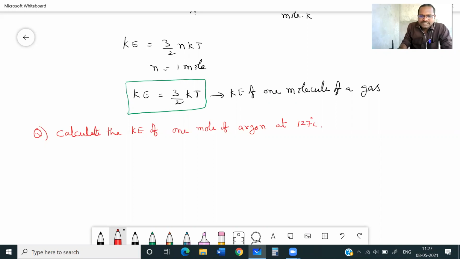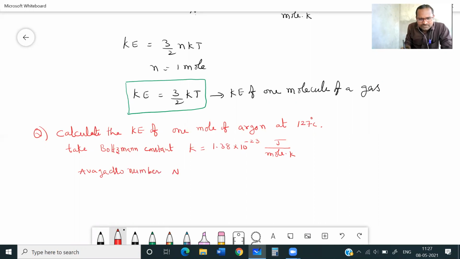Clear? Now take the Boltzmann constant, K is equal to 1.38 into 10 to the power of minus 23 joule per molecule Kelvin, and the Avogadro number, N is equal to 6.02 into 10 to the power of 23 per mole.